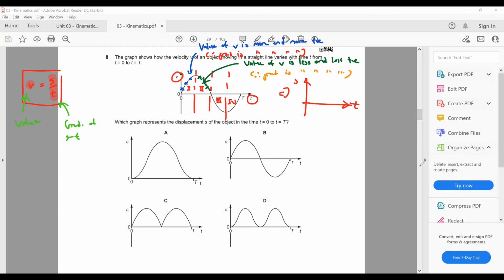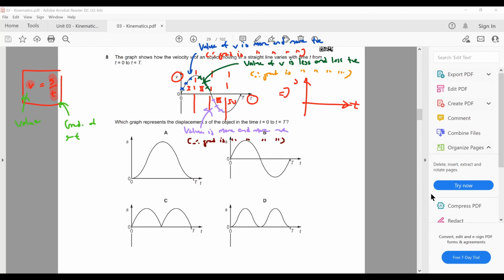Then if I look at this one, I will say that the value is more and more negative. Therefore, gradient is more and more negative too.